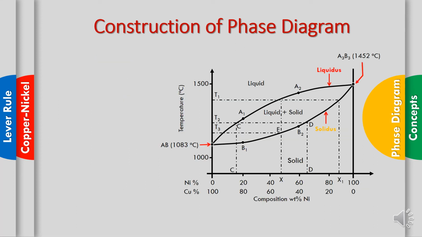Okay, this is the phase diagram of the copper-nickel composition, the complete set from 0% nickel or 100% copper until 100% nickel and 0% copper.